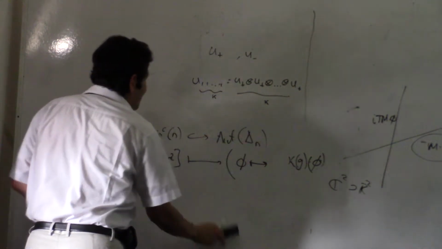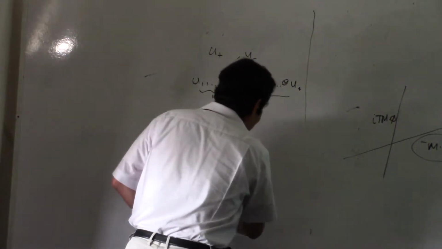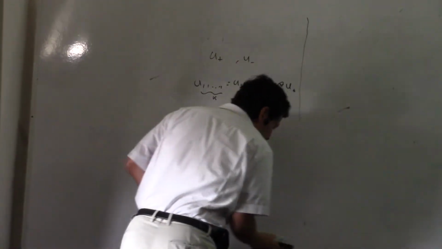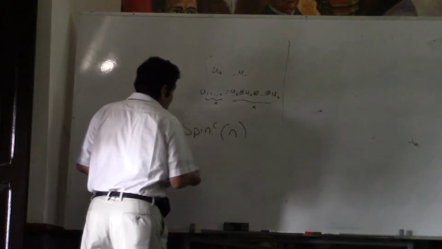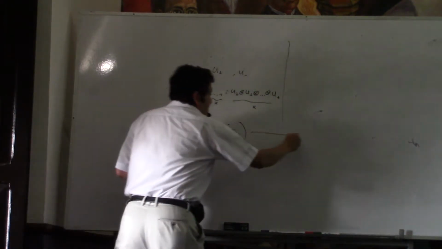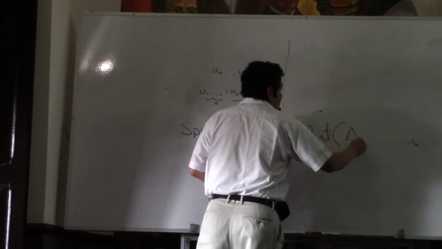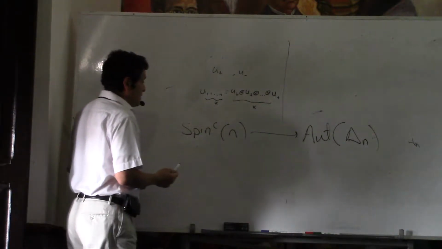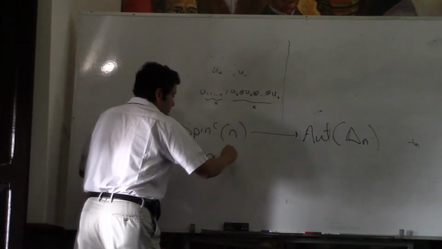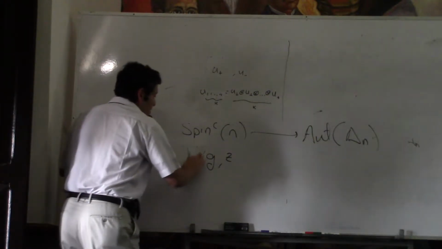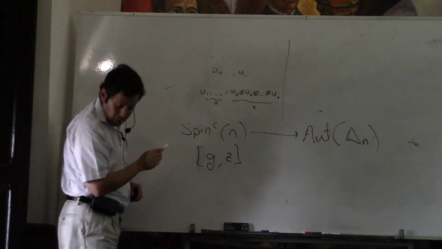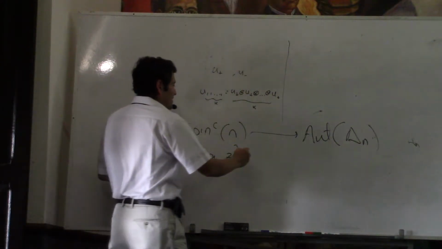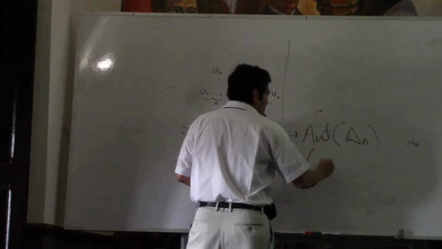Okay, let me rewrite everything. You have the spin group there, the spin C group, and I just want to tell you how it acts, because I didn't write it there. So this will go to the automorphisms of that big space. So you have classes of two elements. And that goes to this kind of thing.